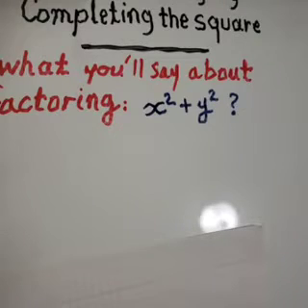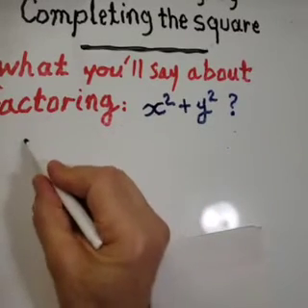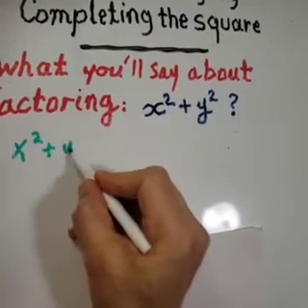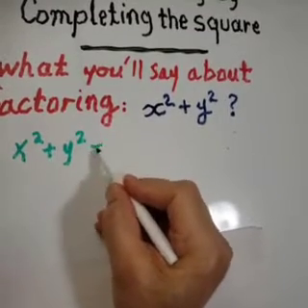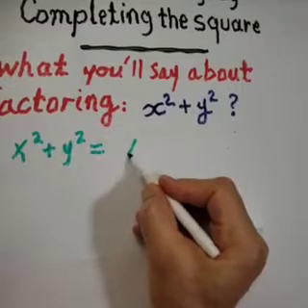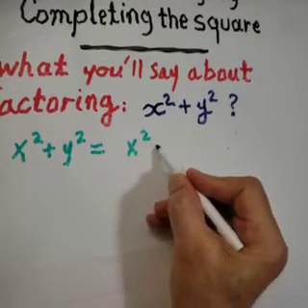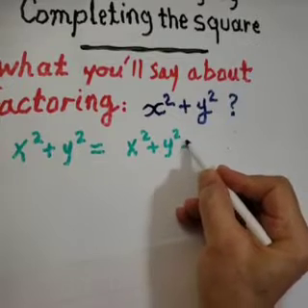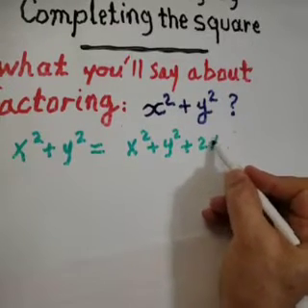We can express this x squared plus y squared as x squared plus y squared plus 2xy.